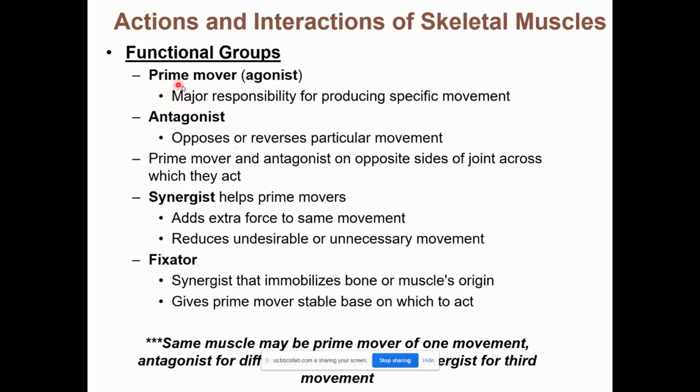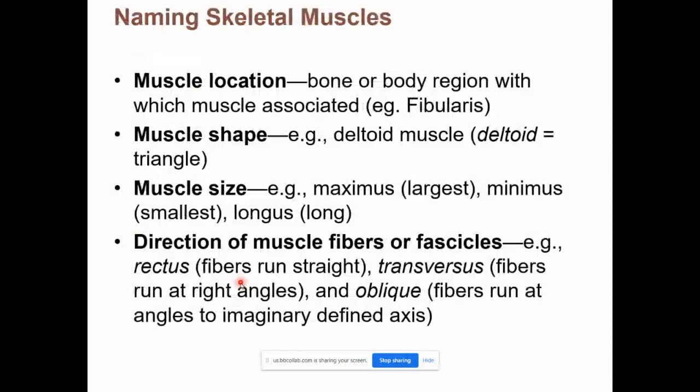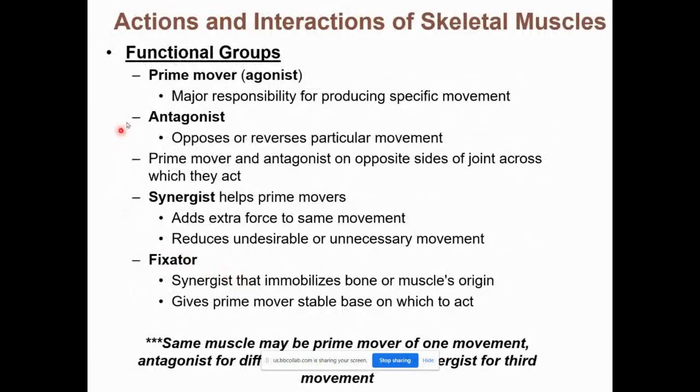So if a prime mover is performing a movement, well, there's synergists that are helping it. So they add some extra force to the same movement. And then we have some muscles that stabilize a joint or immobilize a bone, like it says, while you're using the prime mover, and those are called fixators. So the main thing here is the prime mover and the antagonist oppose each other.